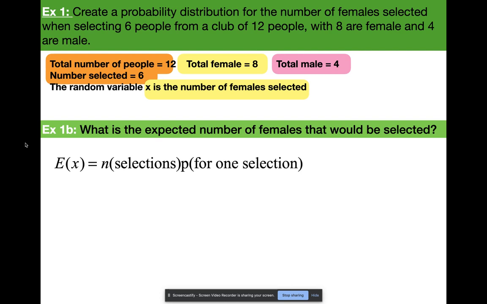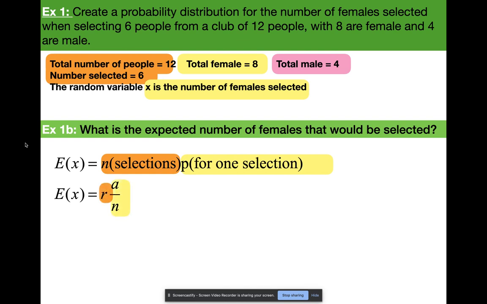So this is the conceptual understanding, which is how I think about it. The number of selections is everything that we dealt with in orange from above. Then the probability of one selection, in this case, is the probability of that one selection being female. If you want to think about it in terms of the letters that I defined before, it's R times A over N. Again, R is the total number of selections that you're making.